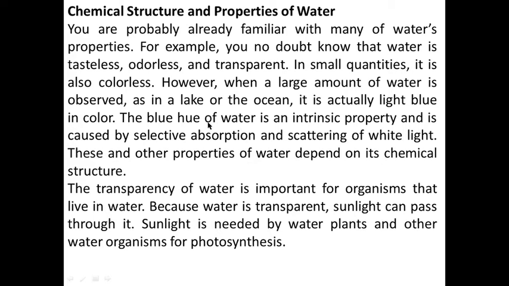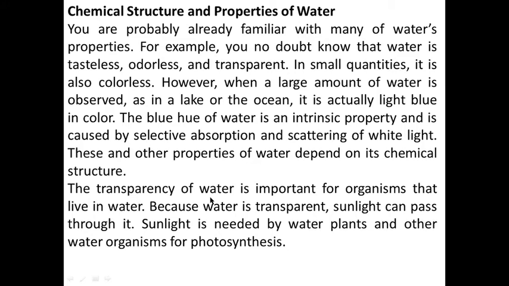The blue hue of water is an intrinsic property and is caused by selective absorption and scattering of white light. These and other properties of water depend on its chemical structure.